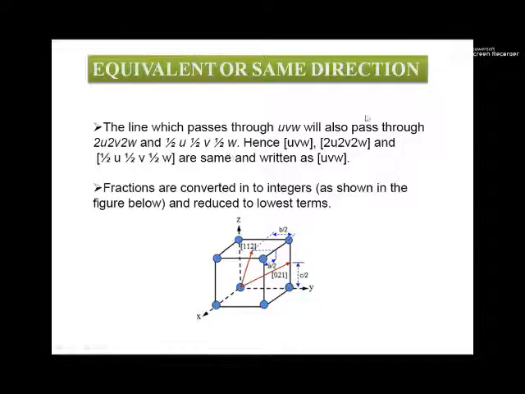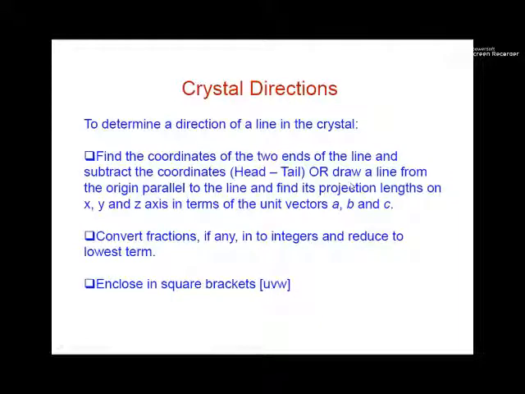These 3 are also equivalent with the u v w direction, as you have to convert the fraction to an integer, or reduce the integers to their lowest terms, so you get the same direction in the crystal system.